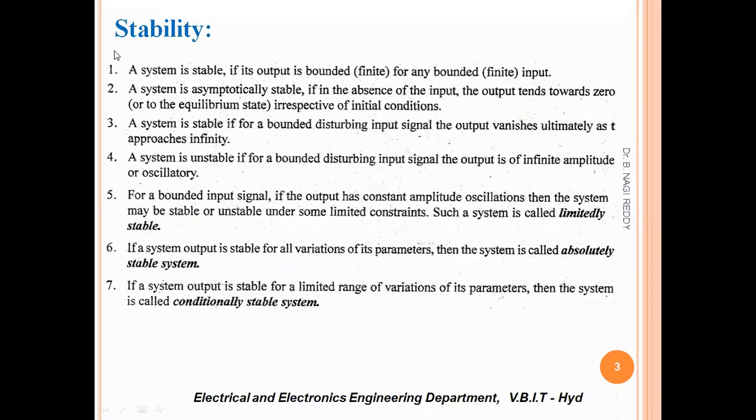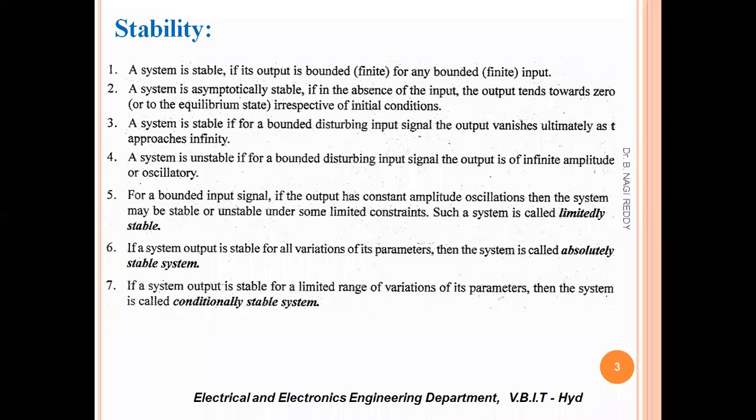Now, coming to the introduction and the concept of stability. What is stability? For a given input, the output is expected to be a finite value, and it should be controllable and stable.